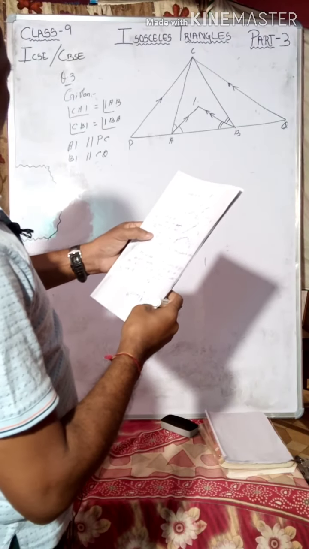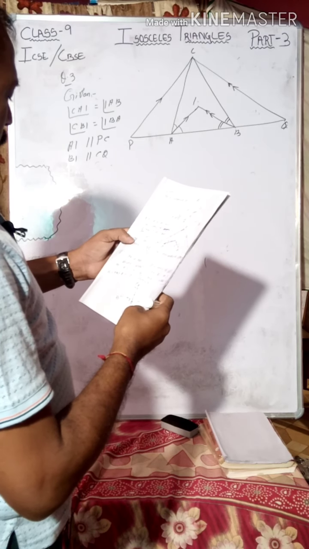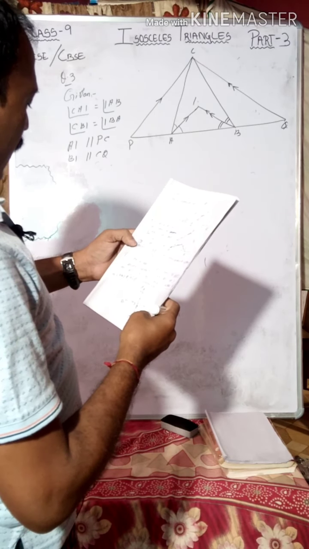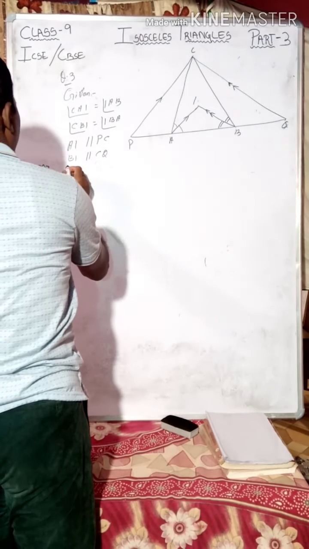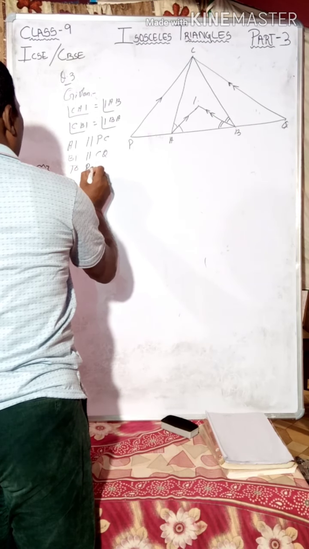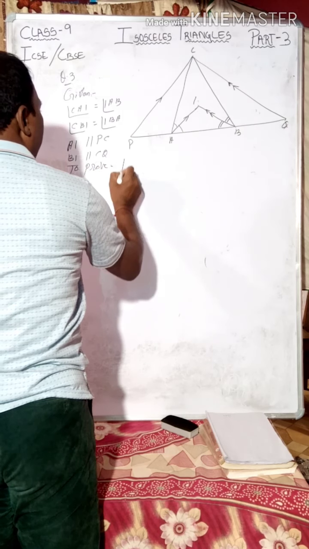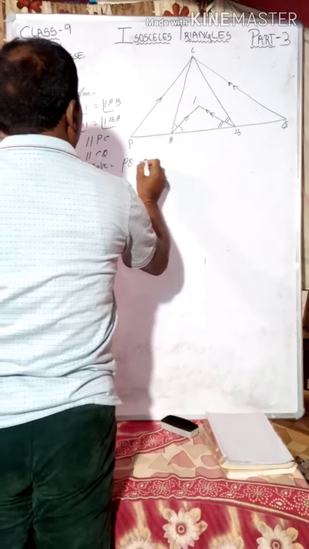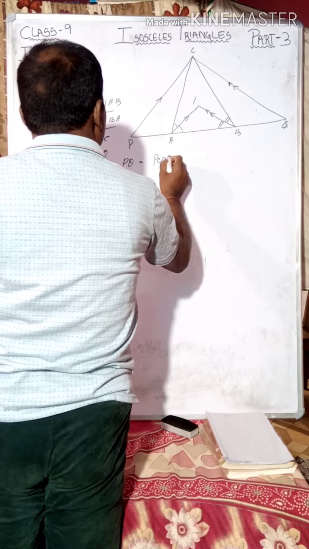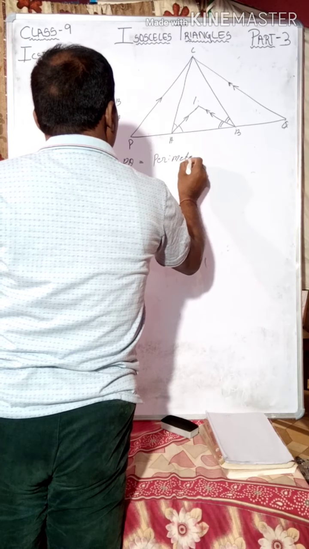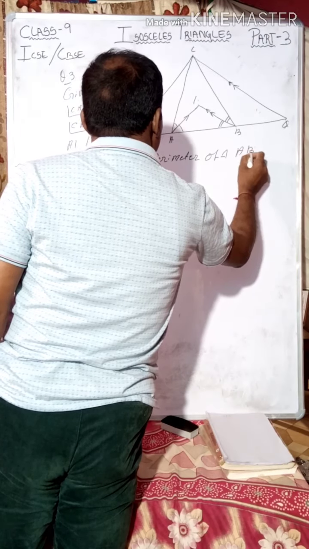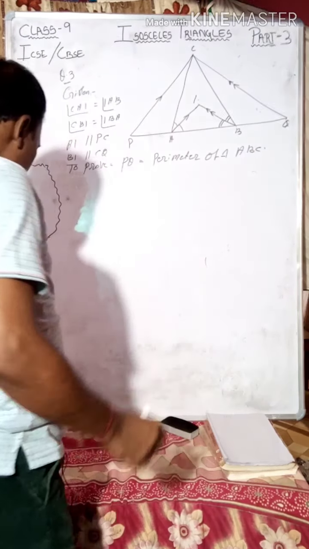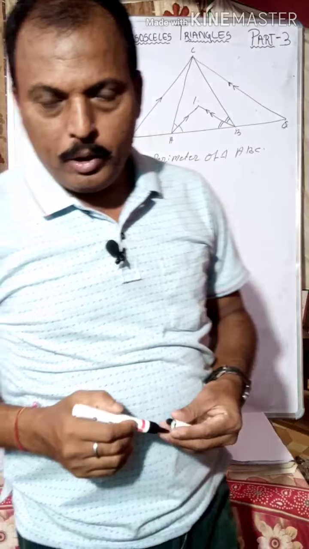CP is parallel to IA and CQ is parallel to IB. To prove: PQ is equal to the perimeter of triangle ABC. This much to prove. Very important and very interesting question.